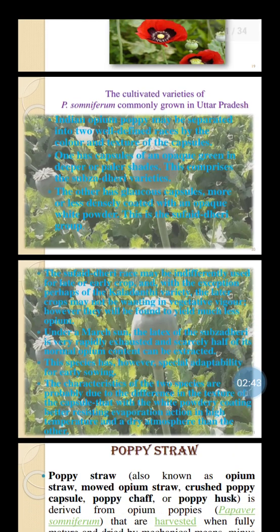Then the Safed Dheri race may be sown late in each crop, along with the expansion of the Kalandhanti variety.